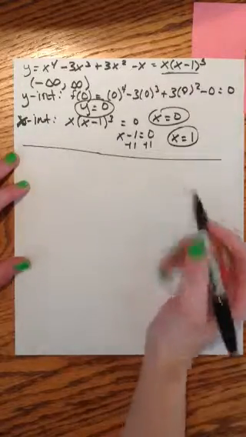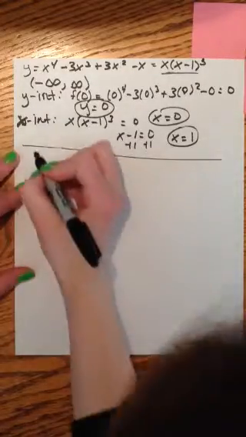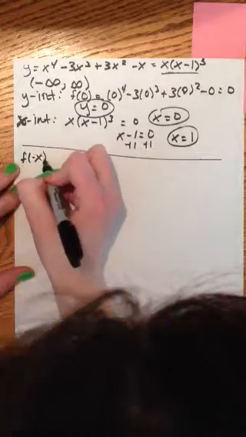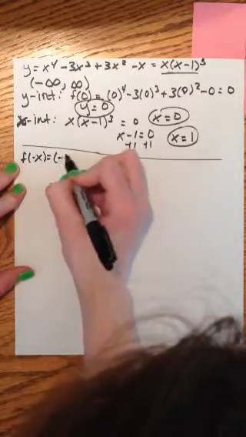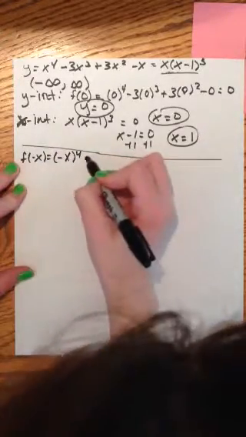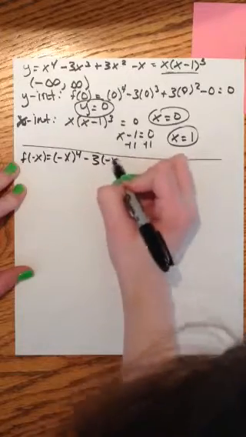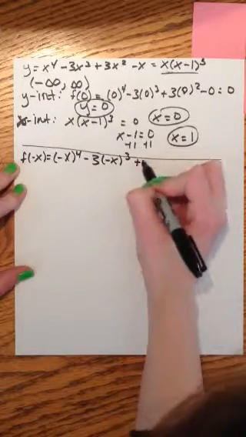Next thing we're going to do is find if there's symmetry or not. So we solve for f of negative x to see if we get the same equation. All you're doing is plugging in negative x for all the x's.